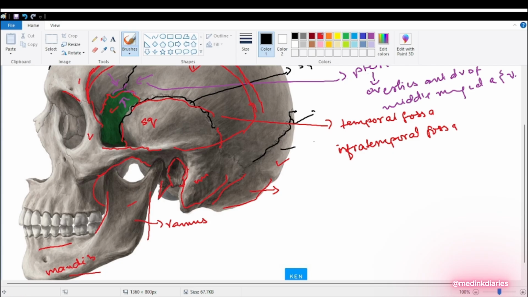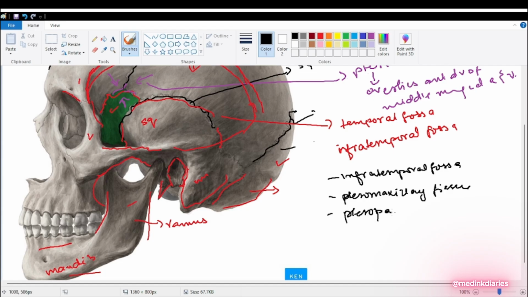First is the infratemporal fossa, then the pterygomaxillary fissure, then the pterygopalatine fossa, and the infraorbital fissure.